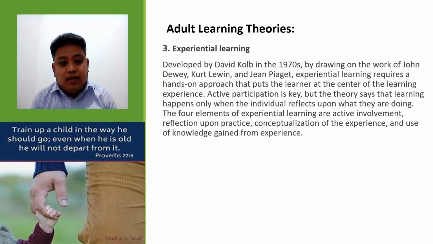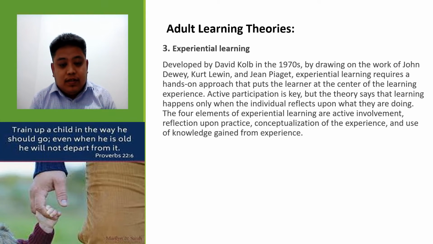The third theory of adult learning is experiential learning, developed by David Kolb in the 1970s by drawing on the work of John Dewey, Kurt Lewin, and Jean Piaget. Experiential learning requires a hands-on approach that puts the learner at the center of the learning experience.